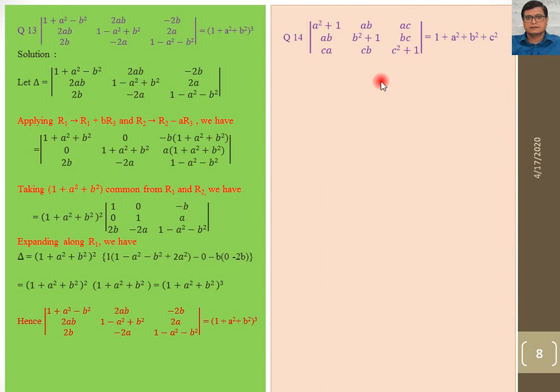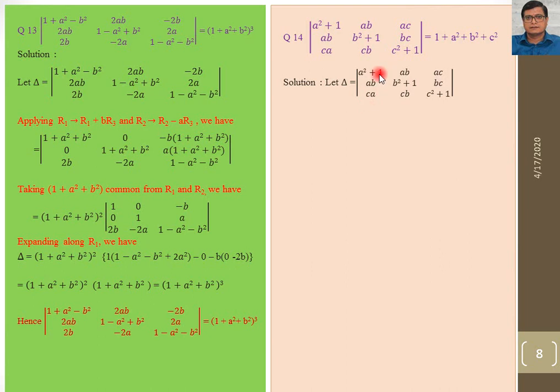Now question number 14, the last question of this exercise. Let the given determinant be delta. These are the elements of the given determinant. But if you see the answer, we have to prove that this value is 1 + a² + b² + c². So how to make this value here? We have to keep this point in mind.